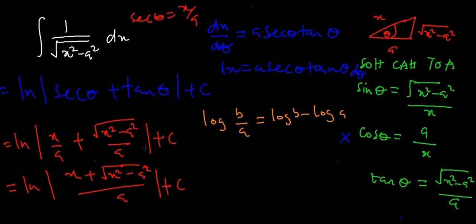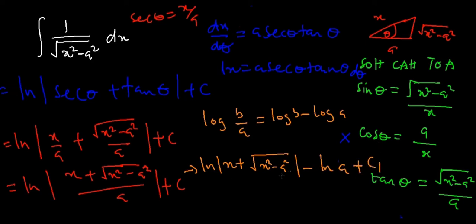That's the natural log of this expression here. So that equals ln of the numerator, which is x plus the square root of x squared minus a squared, minus ln of a, plus C1. Let's make this C1.